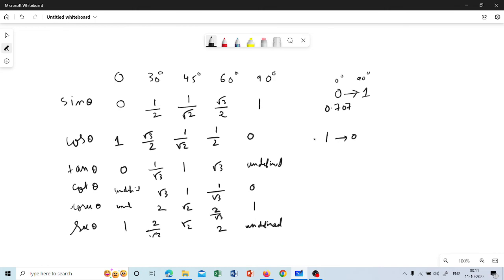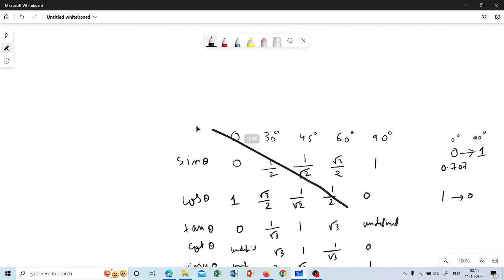As I mentioned earlier, there are a few identities to solve exercise 8.4. Complementary angles are there. Write the heading: complementary angles.